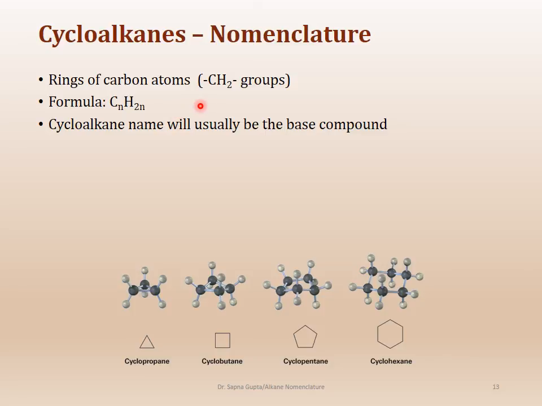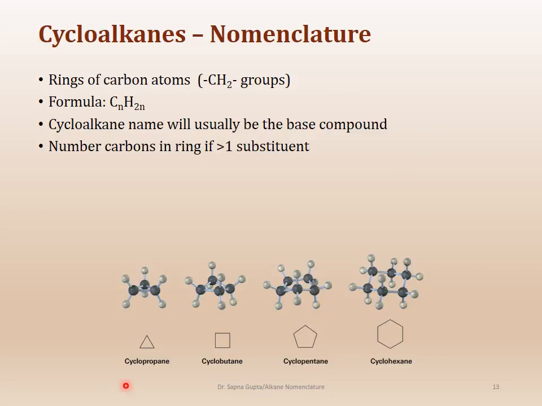As soon as you go from an alkane to a cycloalkane, you lose 2 hydrogens to form that ring. The cycloalkane usually is the base compound. The only time it's not a base compound is when the ring is small and the chain is longer. We'll go through some examples and you will see how you can use that.